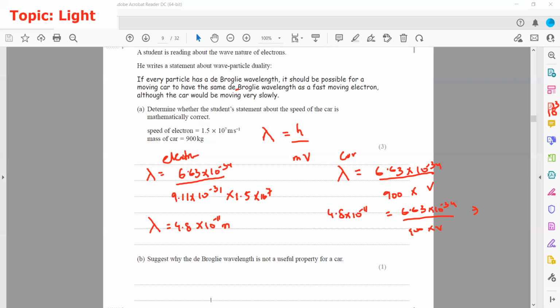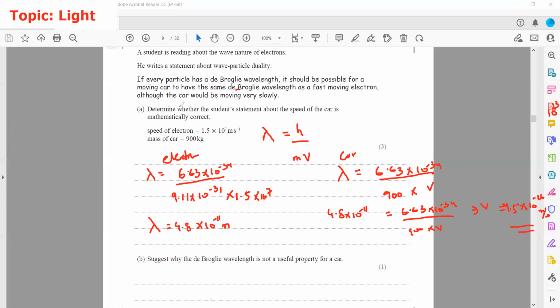So we solve for the speed of the car. When we calculate it, the speed is 1.5 × 10^-26 meters per second. You can clearly see this is a very small value.